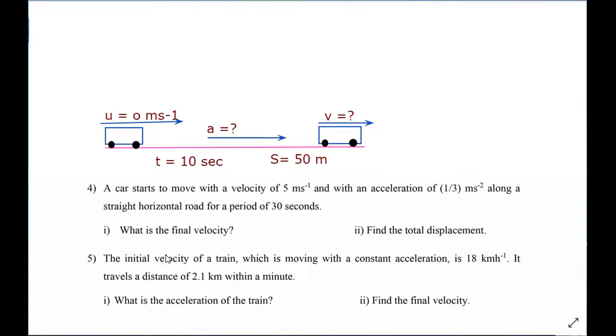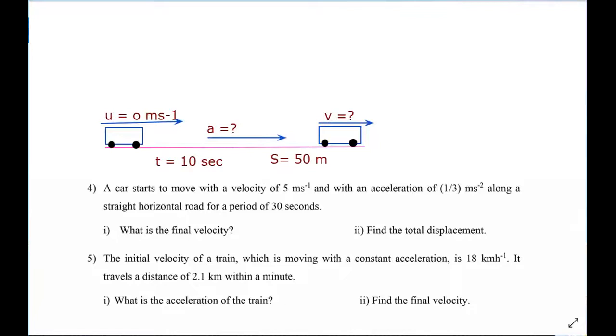A car starts to move with a velocity of 5 m/s and with an acceleration of 1/3 m/s squared along a straight horizontal road for a period of 30 seconds. Find its final velocity and find the total displacement.